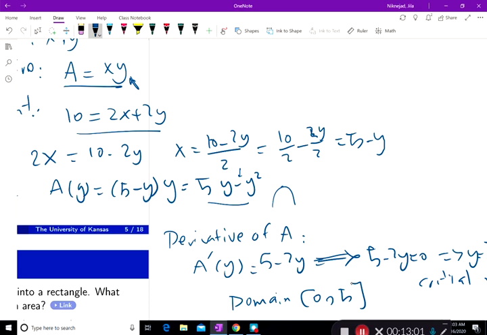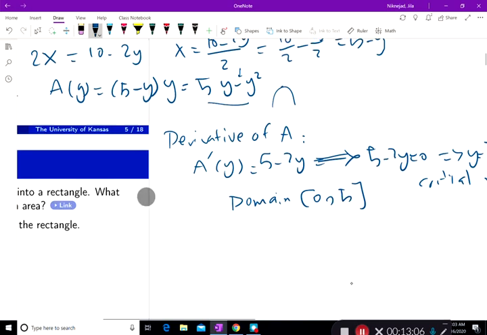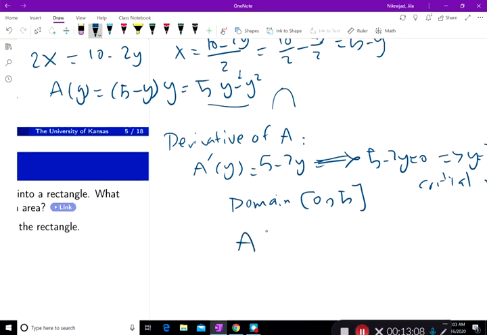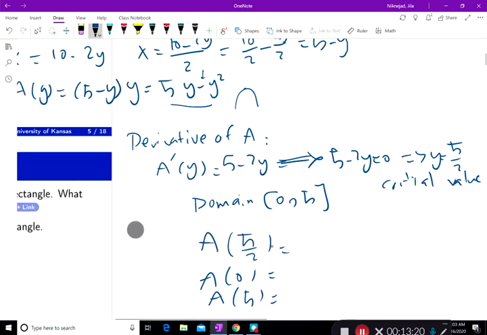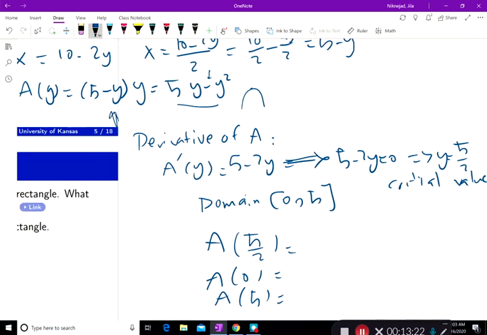Oh, this is nice because this gives me a closed interval method. All I need to do is evaluate A at the critical number, A at the endpoints, and compare. If I plug in y equal to 5/2, I get 5/2 times 5/2, which is 25/4.